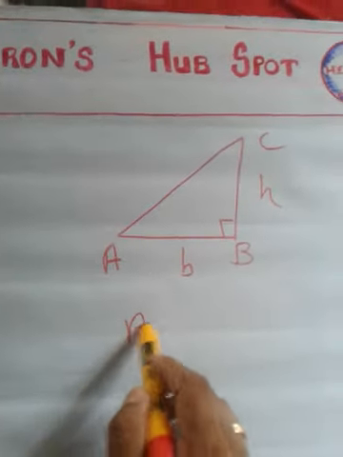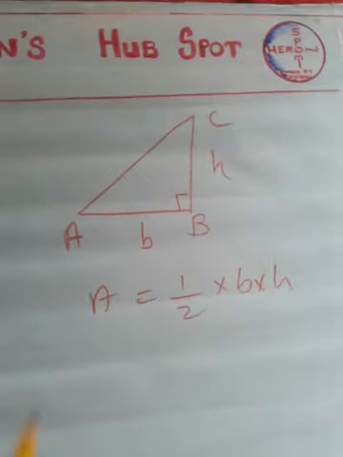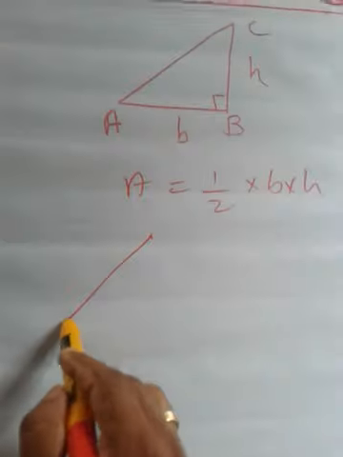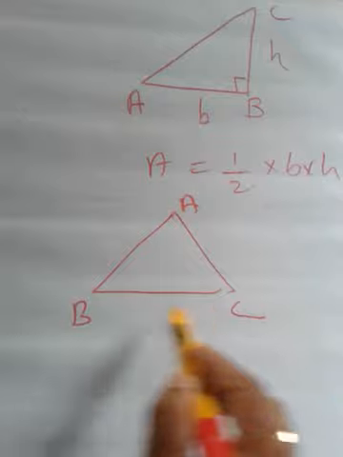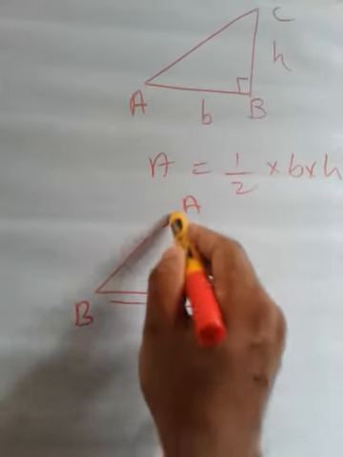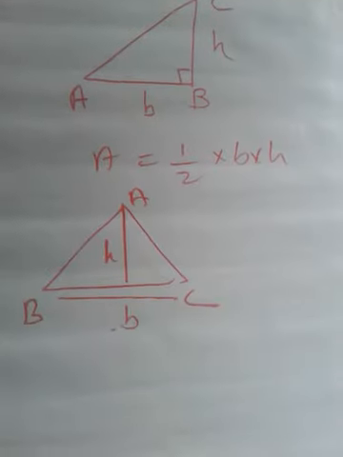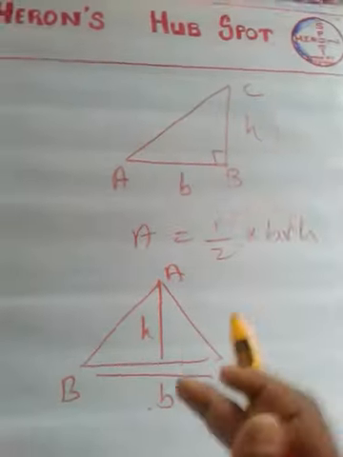At that time you can use the half into b into h formula, if base and height are given. And suppose you get a triangle like this, name it ABC again, and this is the base and this is the height. Again you can use the formula area is equal to half into b into h.